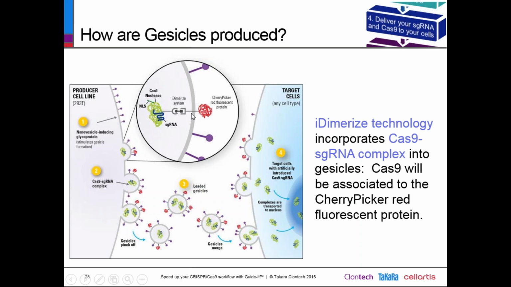We also use a second technology in the system called iDimerize, which is a technology to artificially induce protein-protein interactions. And we use this technology to tether the cytoplasmic Cas9 to the membrane-bound cherry picker protein. This is just used to enrich the Cas9 and the guide RNA in the Gesicles, because naturally the Cas9 would not go to the membrane and would not be packed efficiently into the Gesicles.